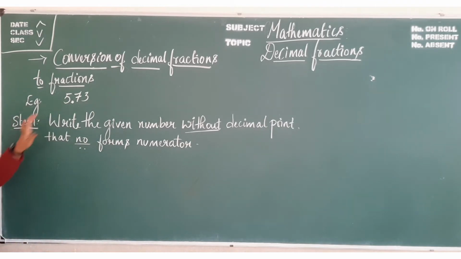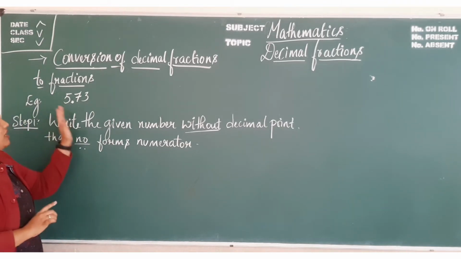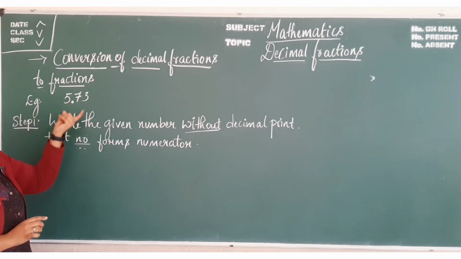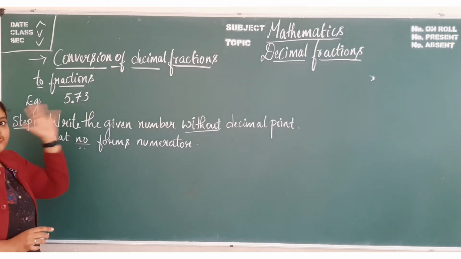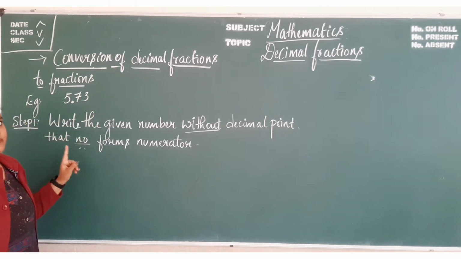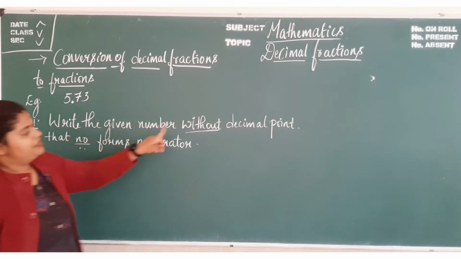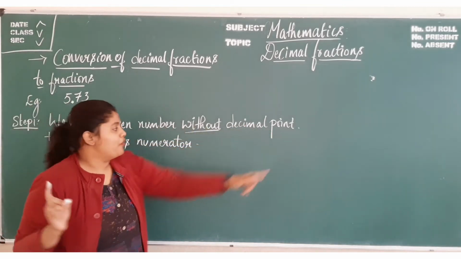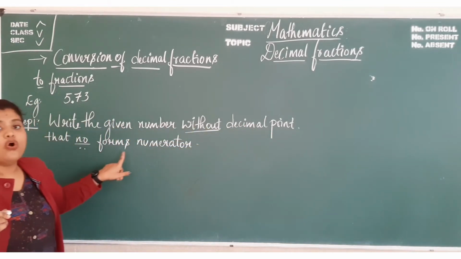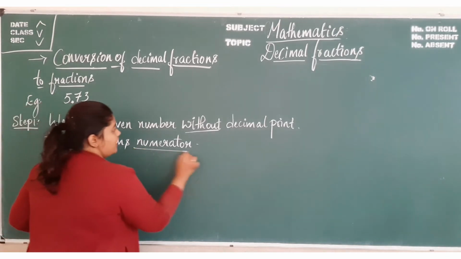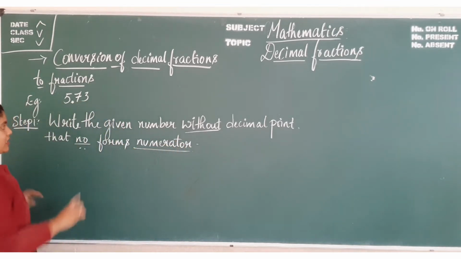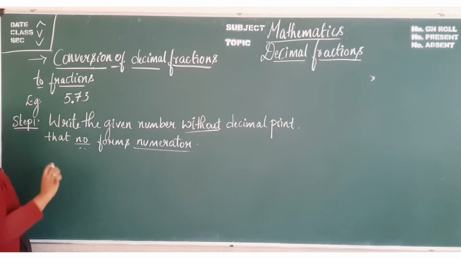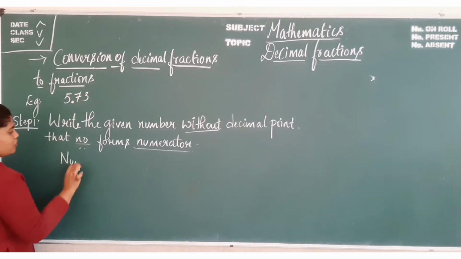So let's see with an example. The example we have taken is 5.73. Now we are converting this decimal fraction to a fraction. What is the first step? Write the given number without decimal point. That number forms the numerator. So I should write 5.73 without the decimal point, and that will be your numerator.